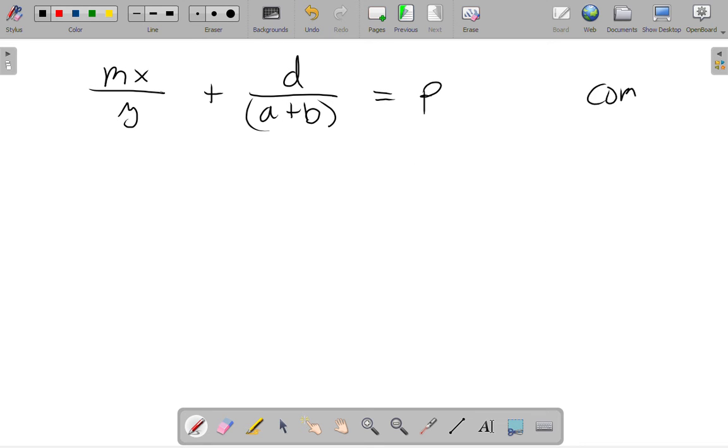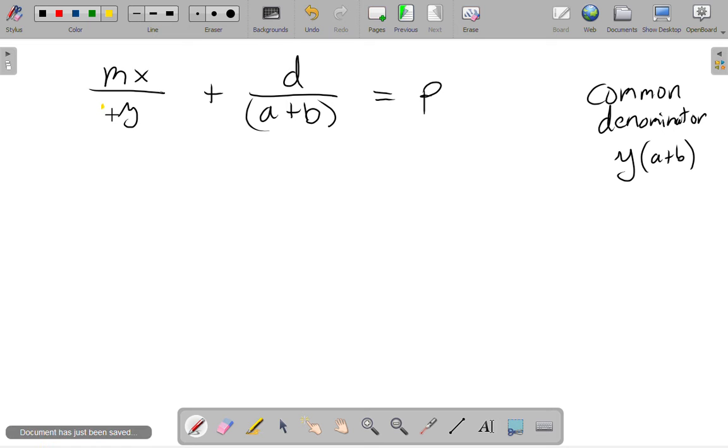So our common denominator is what? Y times A plus B. So this is where I have to multiply. The y is missing a factor of a plus b, so I need to multiply that in the numerator and denominator.